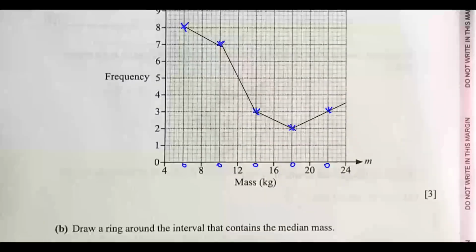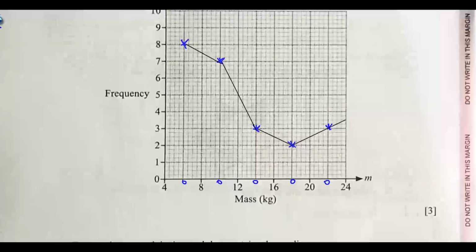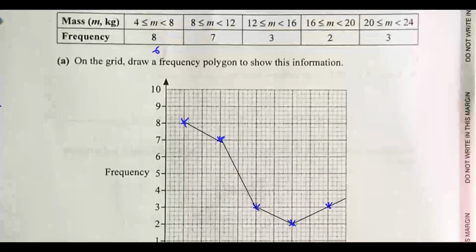Draw a ring around the interval that contains the median class. If you go back to the table, look at what you have here. Even from the grid, look at it.